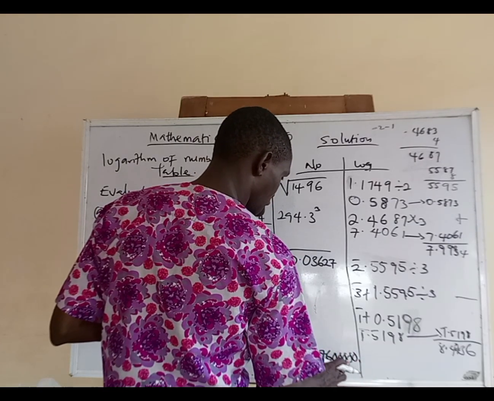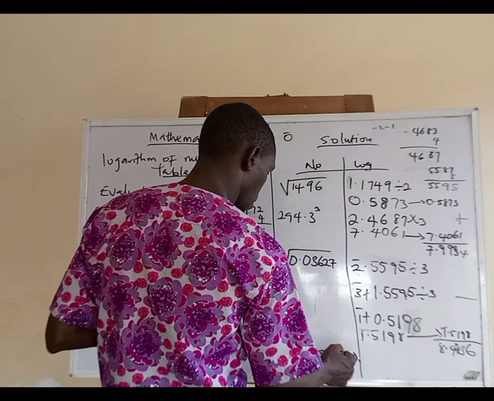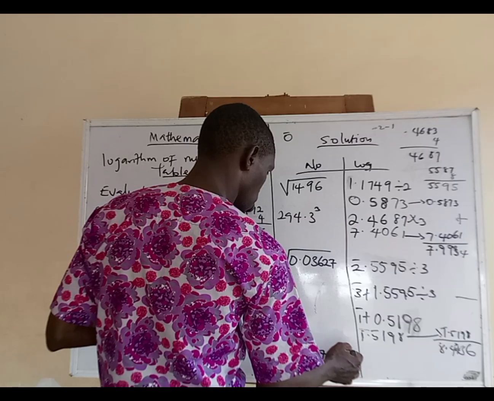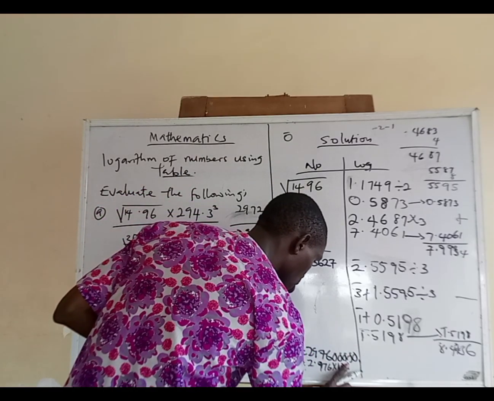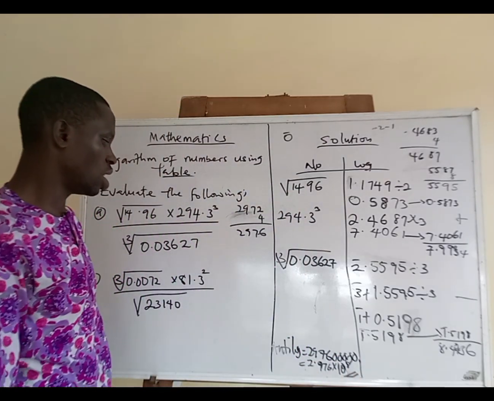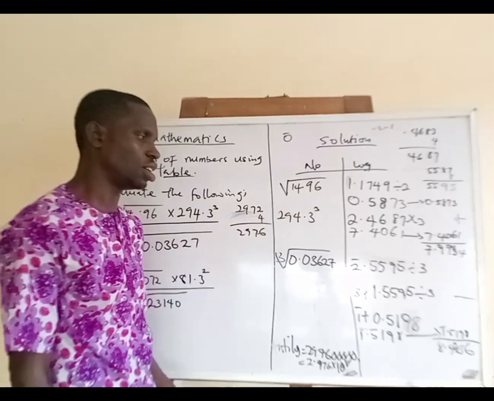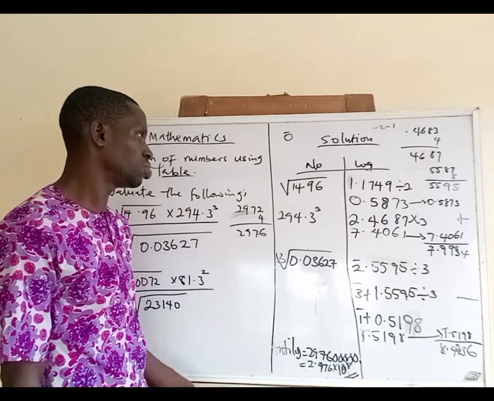Can be 10 raised to power 9, sorry. 1, 2, 3, 4, 5, 6, 7, 8. That's 10 raised to power 8. So this is the answer: 2.976 times 10 raised to power 8. I hope you understand. Very good.